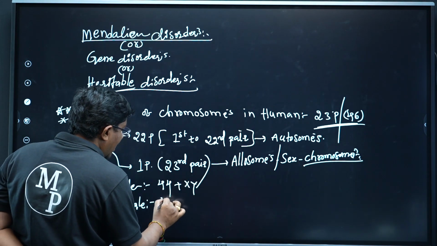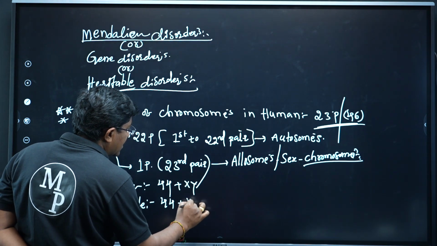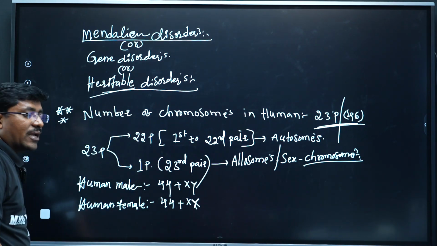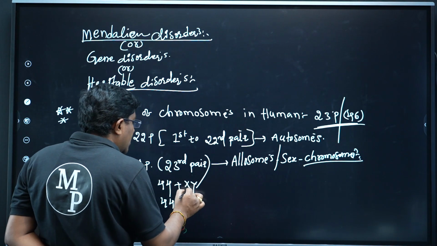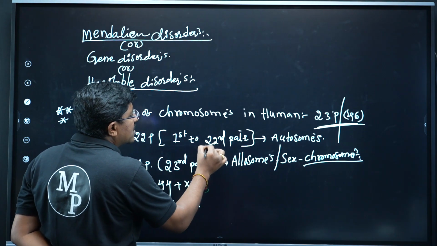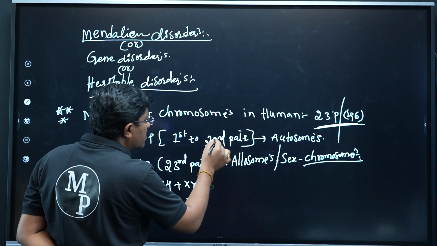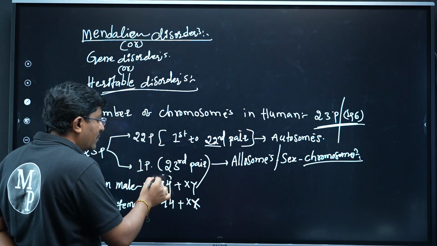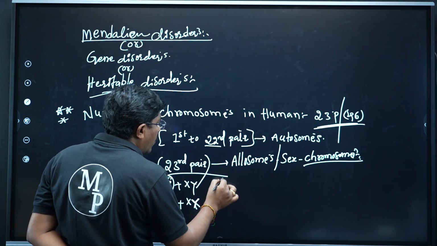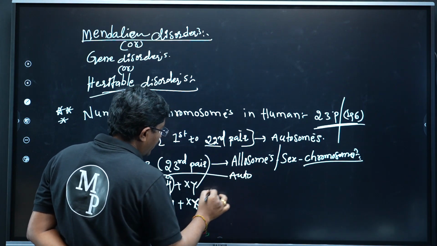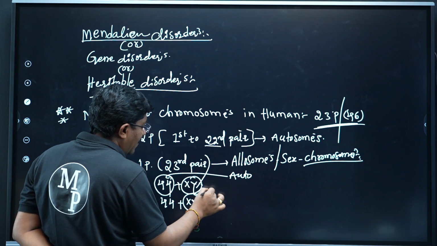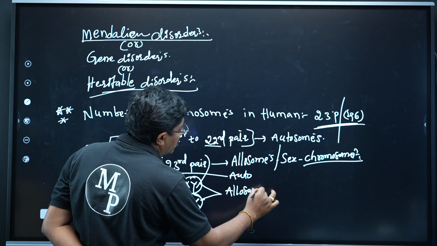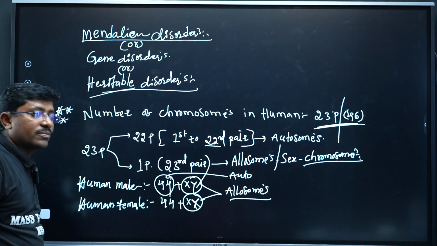In human female, 44 plus XX. These 44 means the first to 22nd pairs of chromosomes, these are the autosomes. In this 46, 44 are the autosomes, and the remaining two are the allosomes, which are also called sex chromosomes.